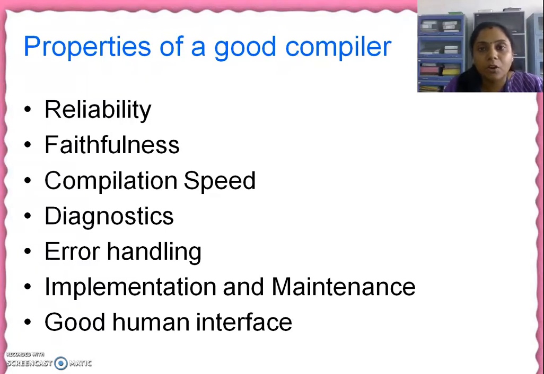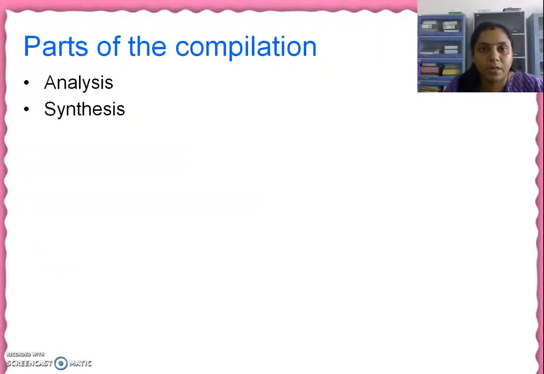If any logical error, runtime error, or syntax error occurs, it should be easy to diagnose, and the error should be handled by the compiler itself, indicating error messages to the programmer. The implementation and maintenance of the compiler should be good, and it should have a good human interface. These are the properties of any good compiler.